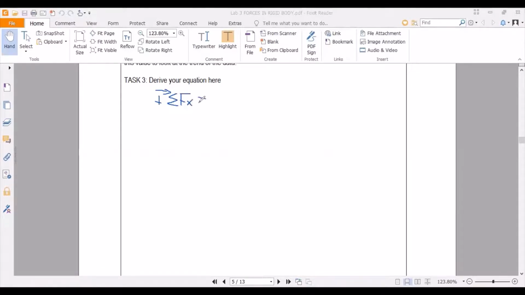So equal to 0. This means the right side is considered positive, and then you sum the forces working in the X axis based on the FBD. So calculate sigma Fx.